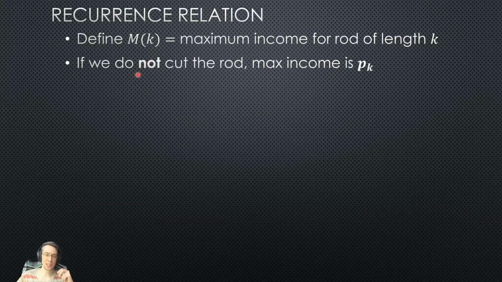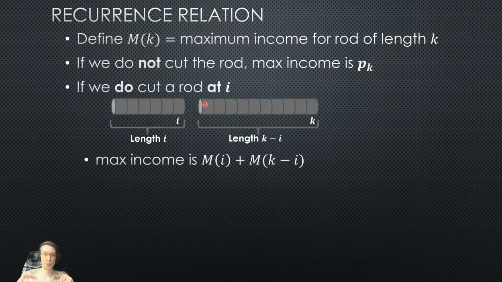So if we don't cut the rod, then the maximum income we can get is pk, just selling the whole rod. Okay, so m of k is supposed to be the maximum income for the rod of length k. So if we don't cut the rod, then m of k should just be pk. If we do cut the rod, suppose we cut it at position i. So we're cutting the rod into two rods, one of length i and one of length k minus i.